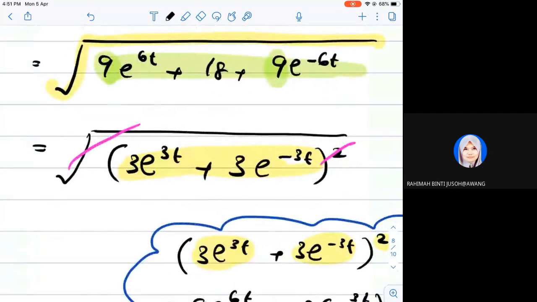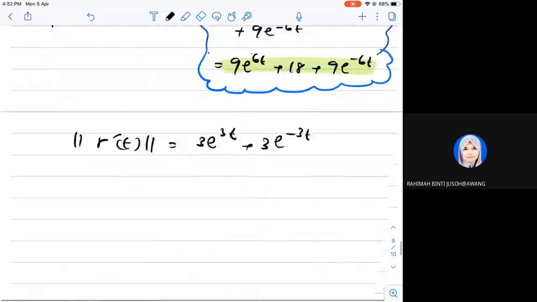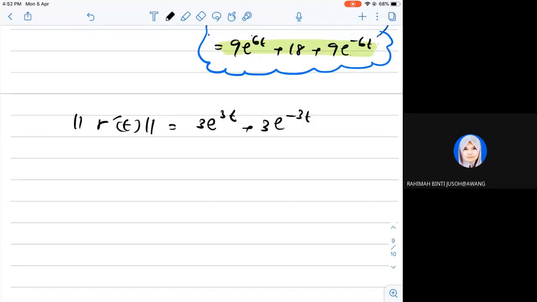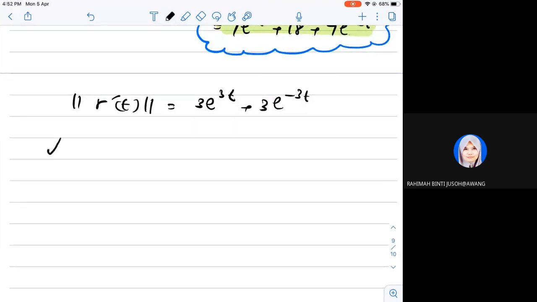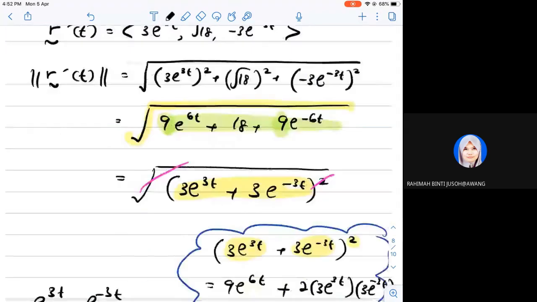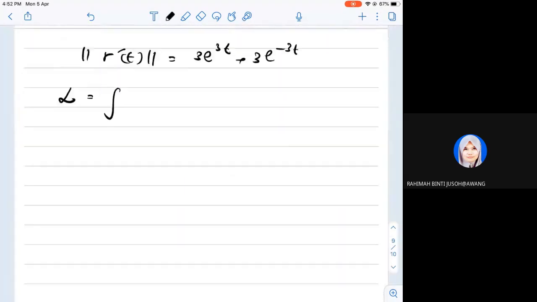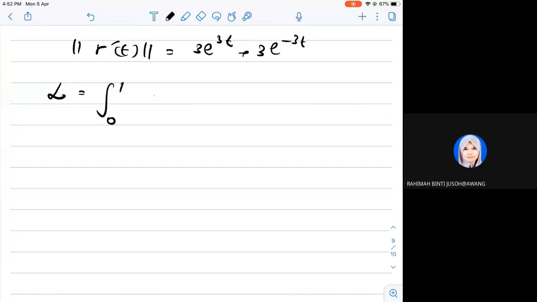Jadi, okay, yang saya buat pakai pen pink tu. So now, barulah kita boleh integrate dengan gembiranya. So arc length equals to integration, limit kita apa tadi? 0 until 1. Kan dah senang tu nak integrate. 3T tambah 3 eksponen negatif 3T dt.